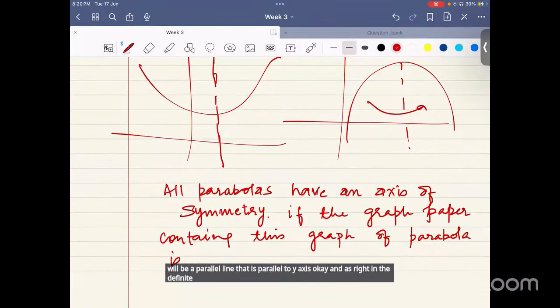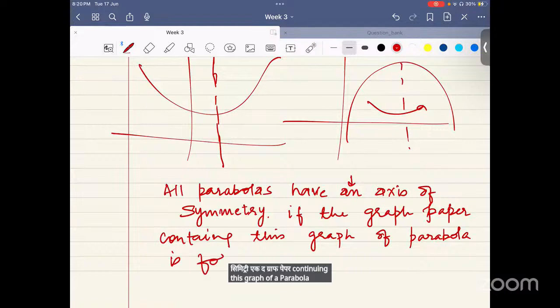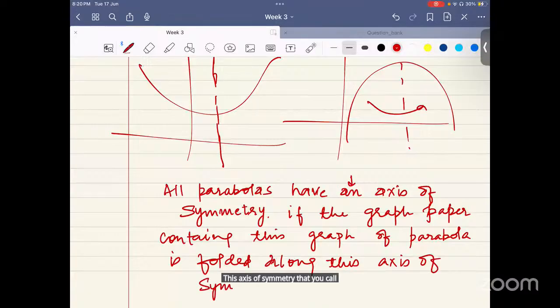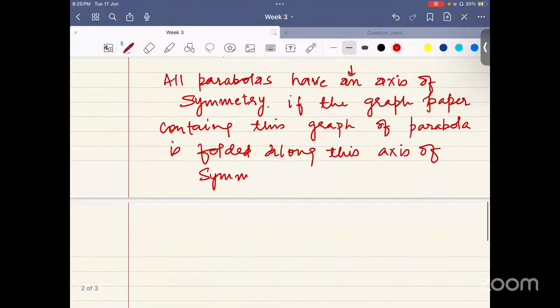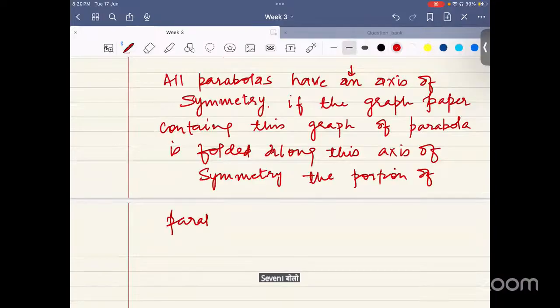Okay, and I was writing the definition of that. All parabolas have one axis of symmetry. If the graph paper containing the graph of a parabola is folded along this axis of symmetry, then the portion of the parabola on either side will exactly match.